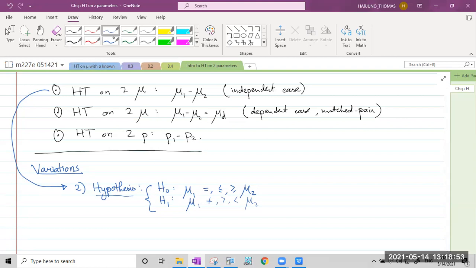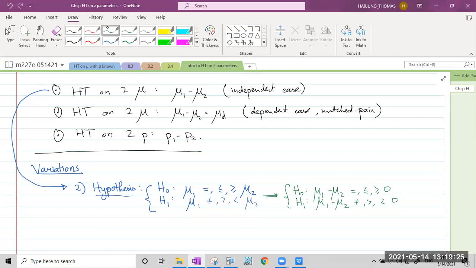So we need to modify this and have a constant on the other side by subtracting both sides by mu2. That's how we get that constant. Likewise for the alternate hypothesis. Then from there, you see left tail, right tail, or two tail.